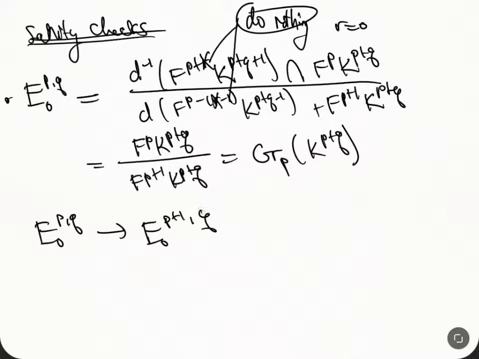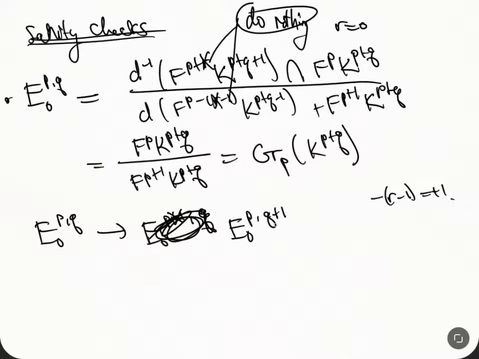I might have this wrong, because I always get this backwards. So no, this is wrong. This is E0 P, comma, Q minus 1, Q plus 1, because we subtract R minus 1, and R minus 1 becomes a plus 1. And that's where we get here.